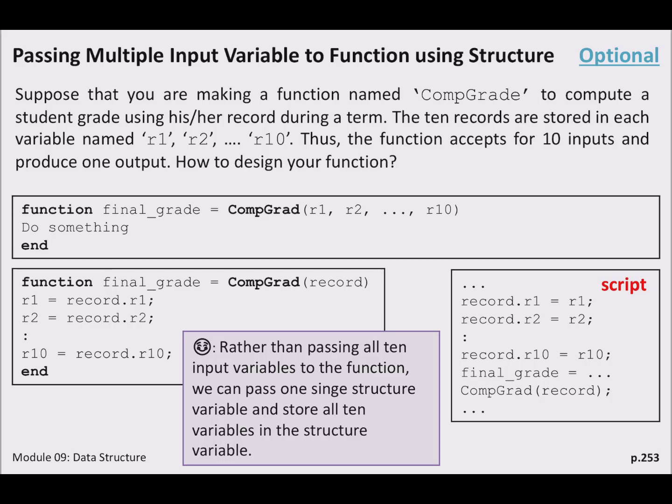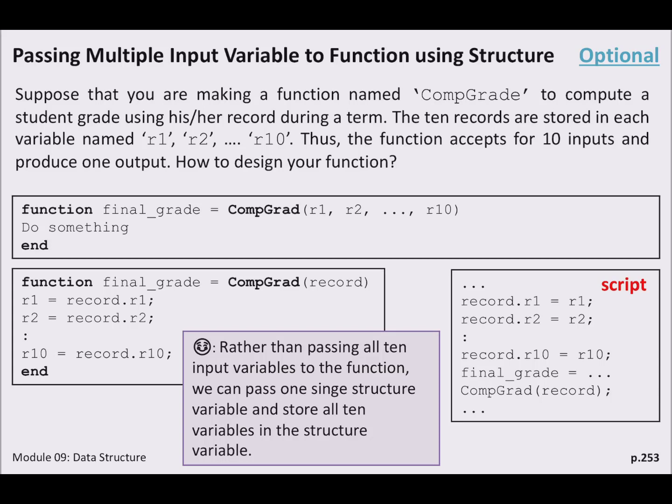Suppose that you're making a function named compute_grade to compute the student grade using the student's records during the term. There are 10 records. For instance, midterm grade, homework grade, and some kind of evaluation: good, bad, or outstanding or something like that.